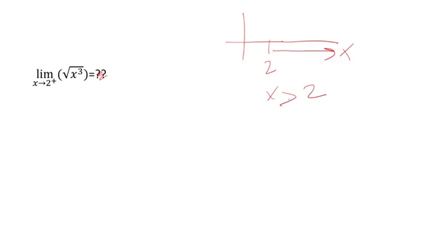So this here is kind of similar to x approaching 2 from the positive side. 2 positive means x is greater than 2, and we know what's inside the square root will always be positive, because if you replace x with anything that's greater than 2, it will always be positive. So in this case, I'll just go ahead and replace x with 2.